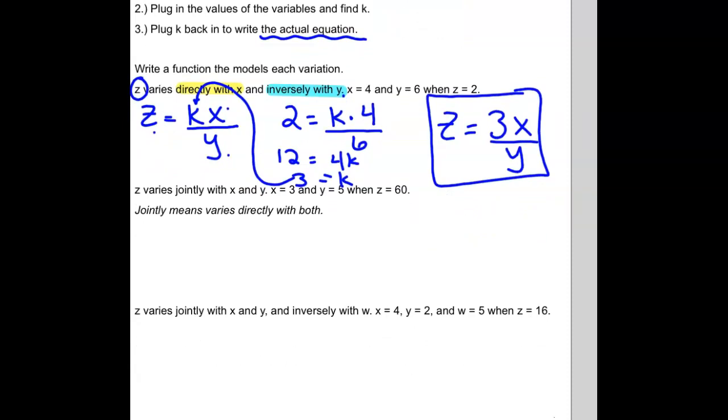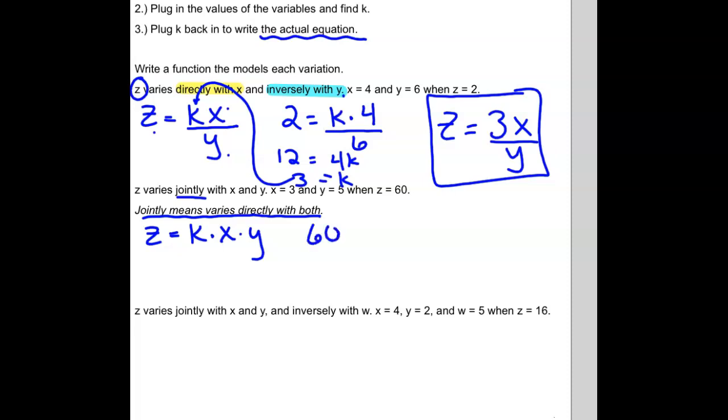All right, next one, it says z varies. So again, z equals. Now jointly means a direct variation but with multiple variables. So if it says varies jointly with x and y, it means direct with x and direct with y. Okay? So z equals kxy. We are told that x is 3, y is 5 when z is 60.